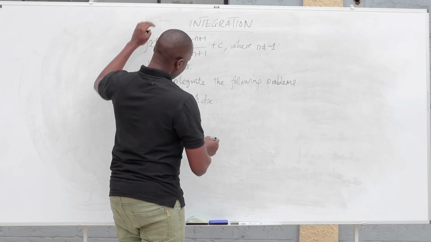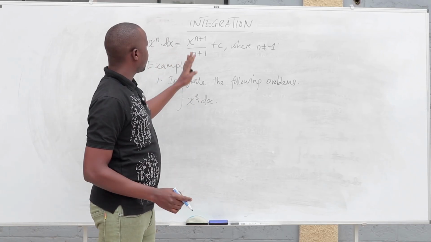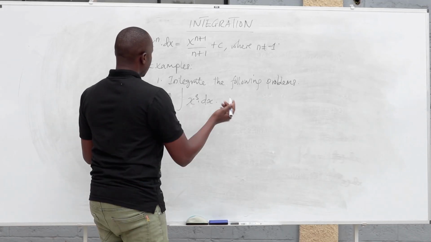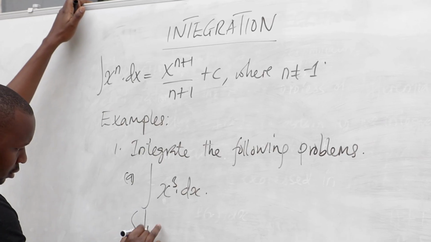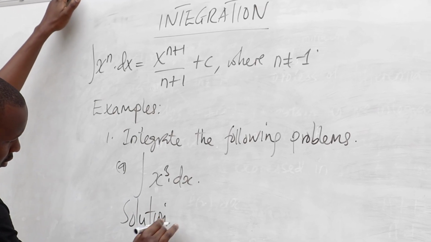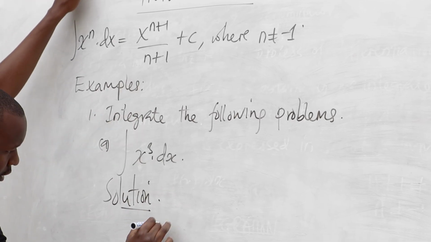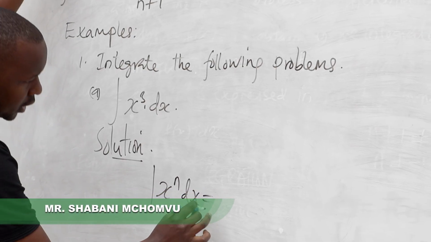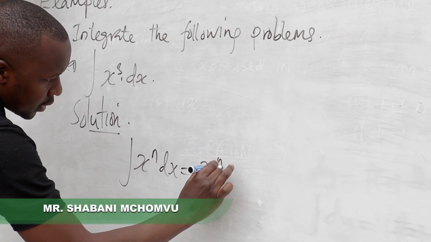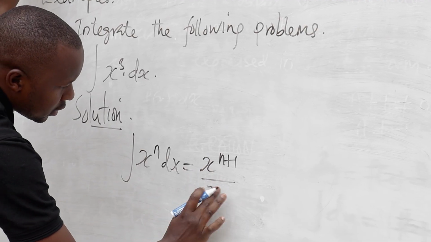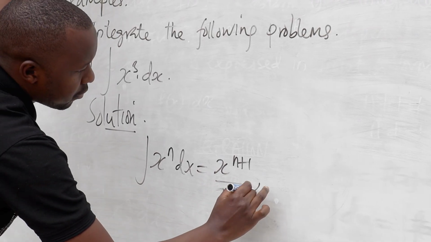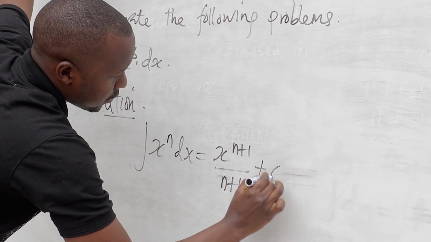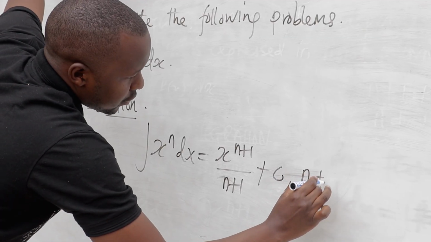Here we are going to apply the power rule of integration, and we have our integrand, x cubed. Solution: we recall the concept that integration of x raised to n with respect to x equals x to the n plus 1 over n plus 1, provided n is not equal to -1, plus constant c.